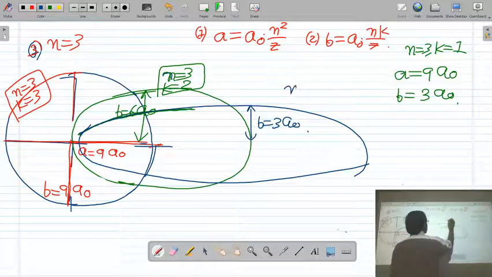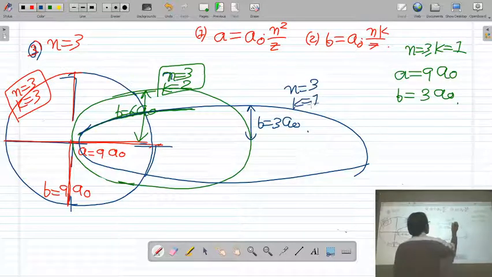So this is the elliptical orbit for n equal to 3, k equal to 1.